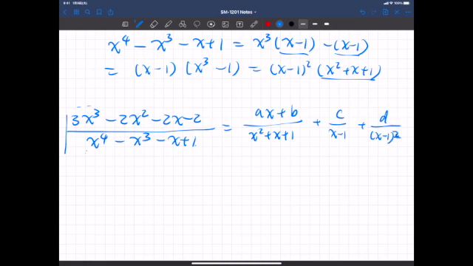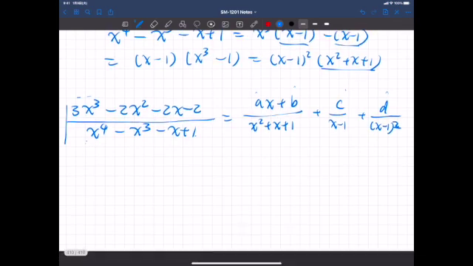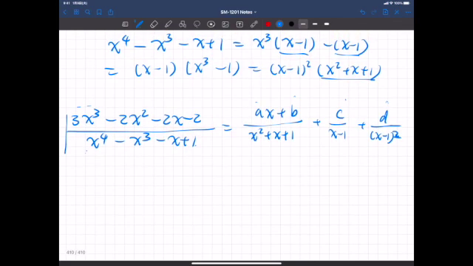So we want to determine the values of a, b, c, d. I leave it as an exercise to find these values. The answers are: a is equal to b is equal to 1, and c is 2, and d is negative 1. Okay.